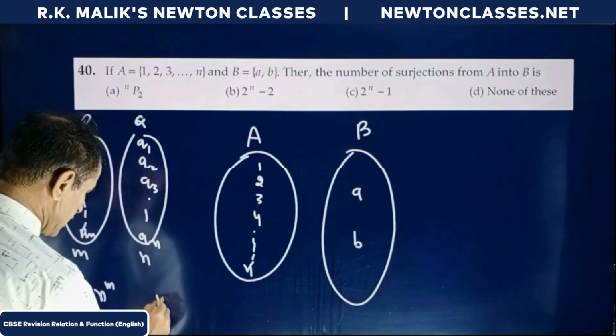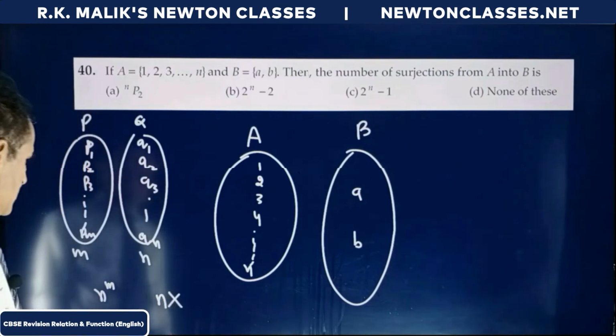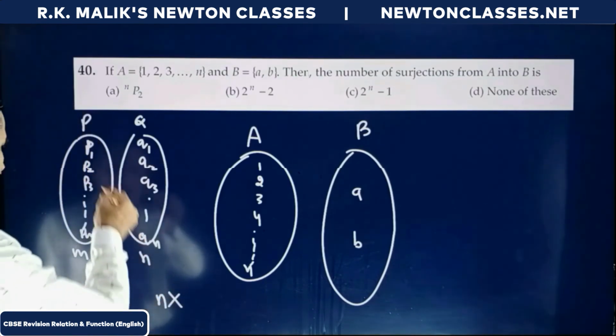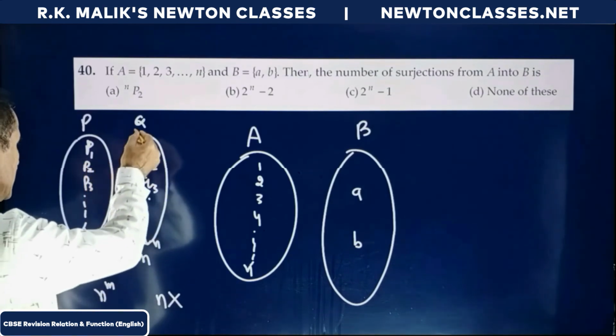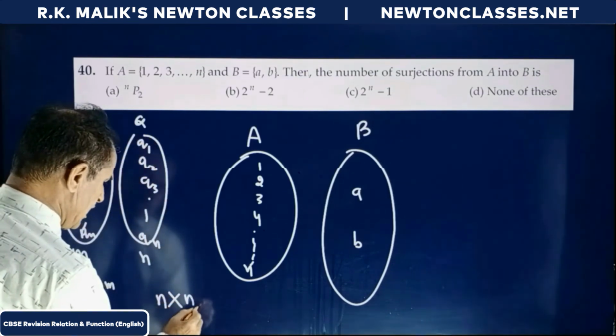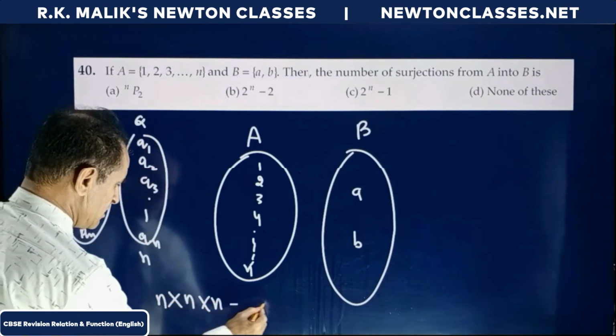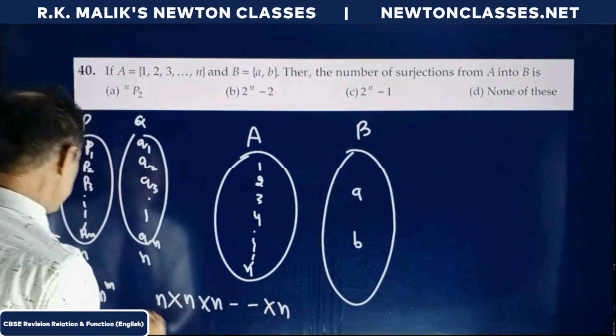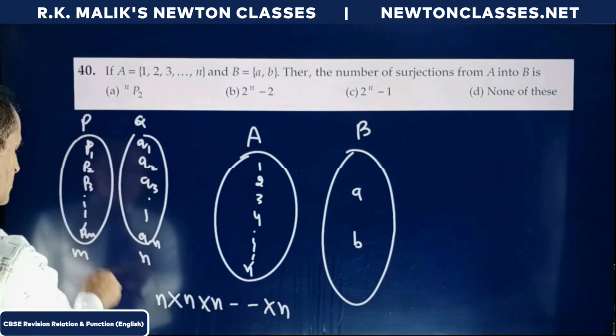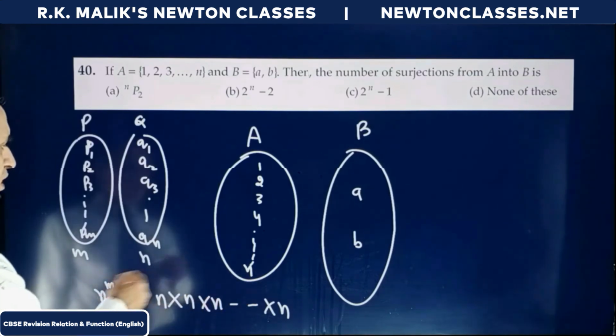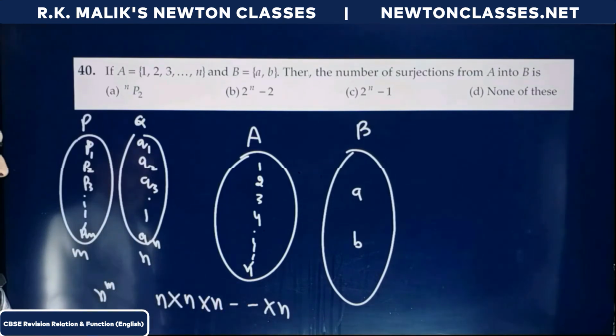Therefore, the first arrow can go in n ways, and again the second arrow can go in n ways, and in this way n for the last element. Therefore, n to the power m will be the number of functions.